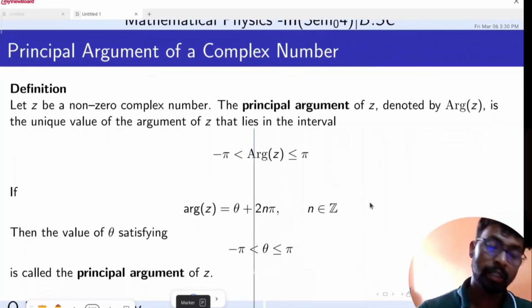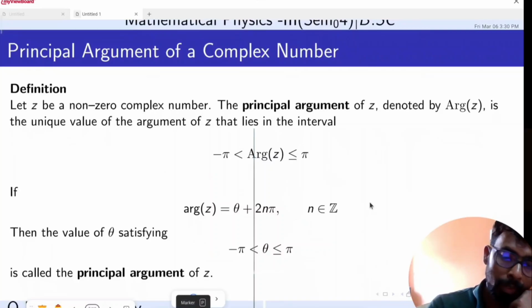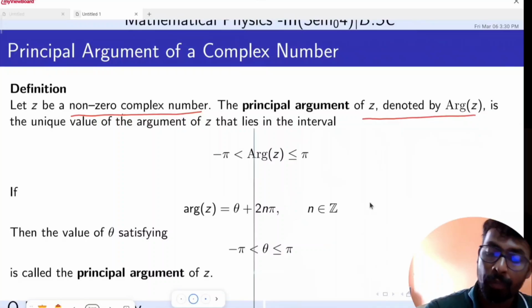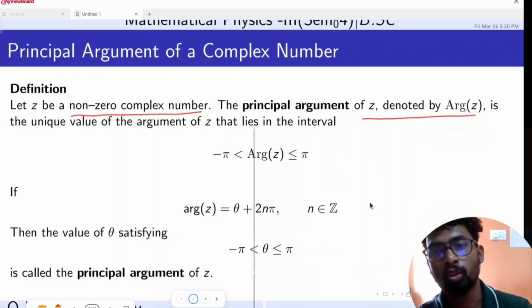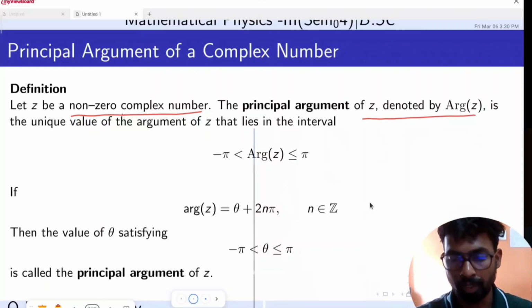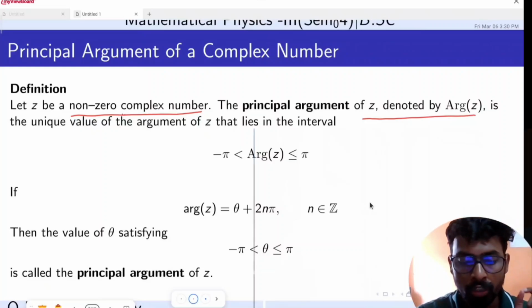Okay, let us consider z to be a non-zero complex number, that is x plus iy. The principal argument of z, denoted by capital A arg, starting with capital A, is the unique value of the argument.